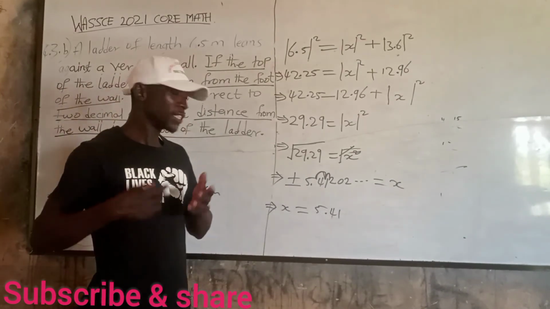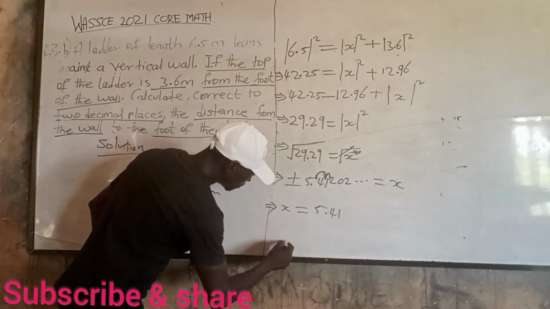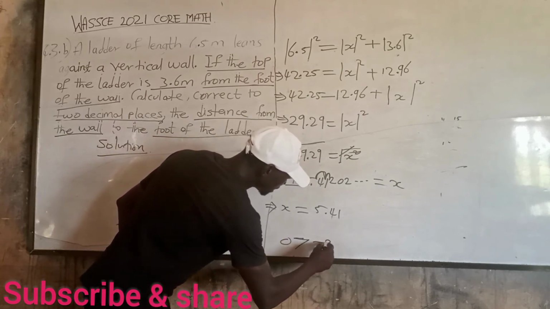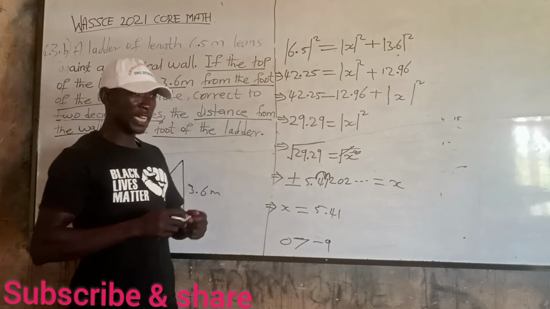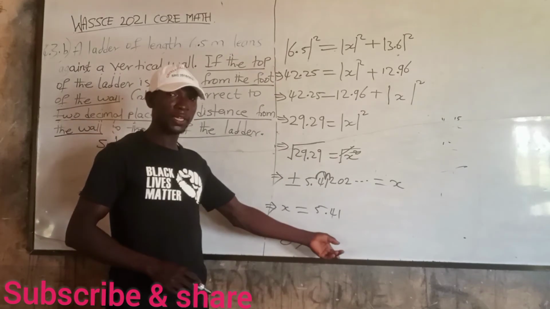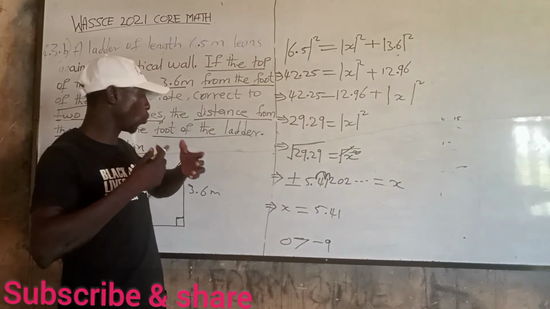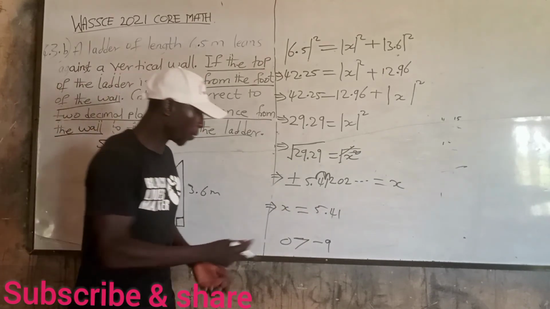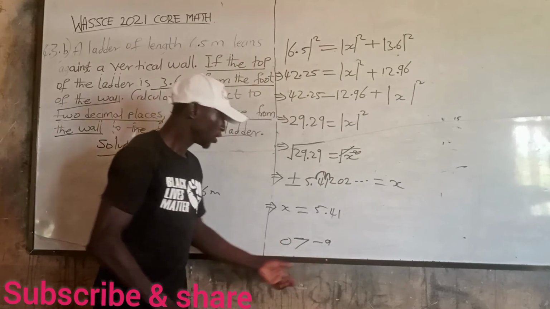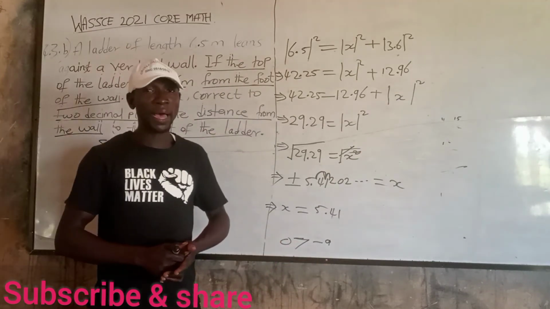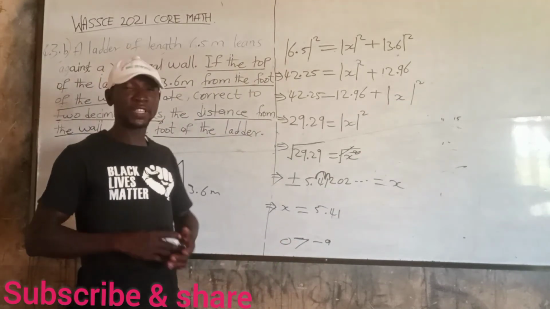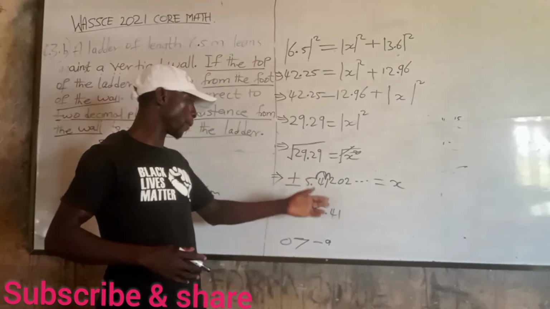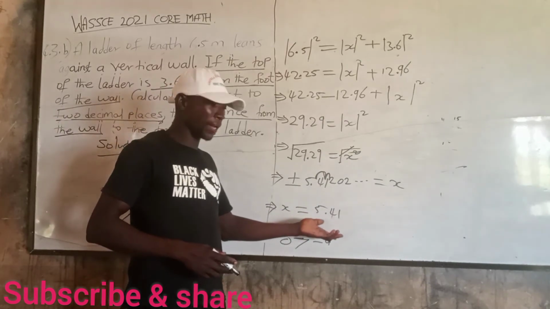We have learned that zero is greater than any negative number. So if 0 is greater than a negative number, then you cannot have a negative distance. That is why we ignore the negative and we have only the positive here.